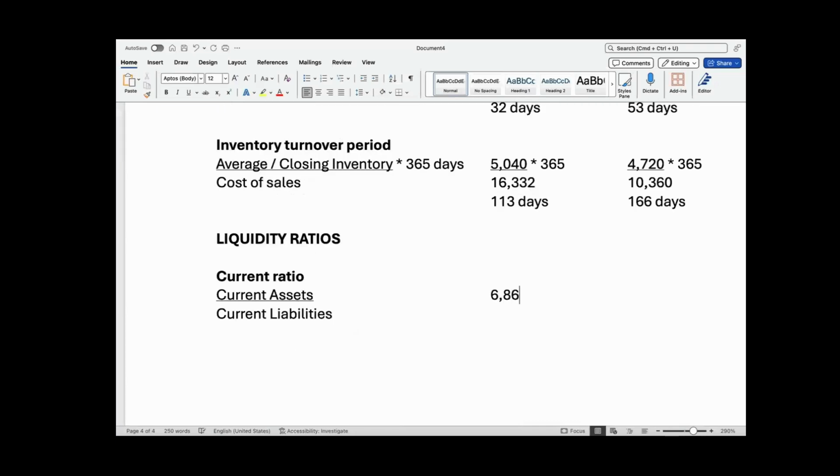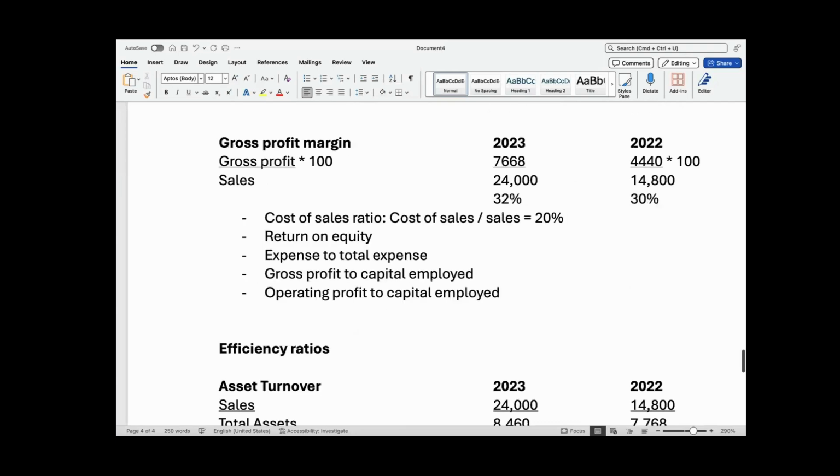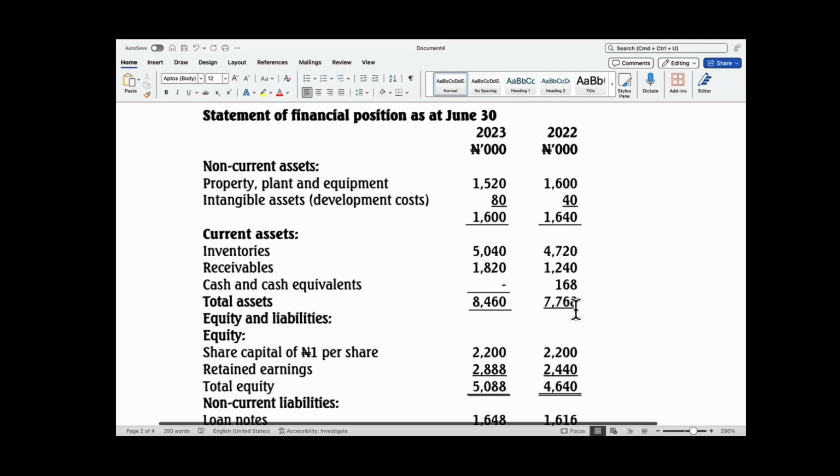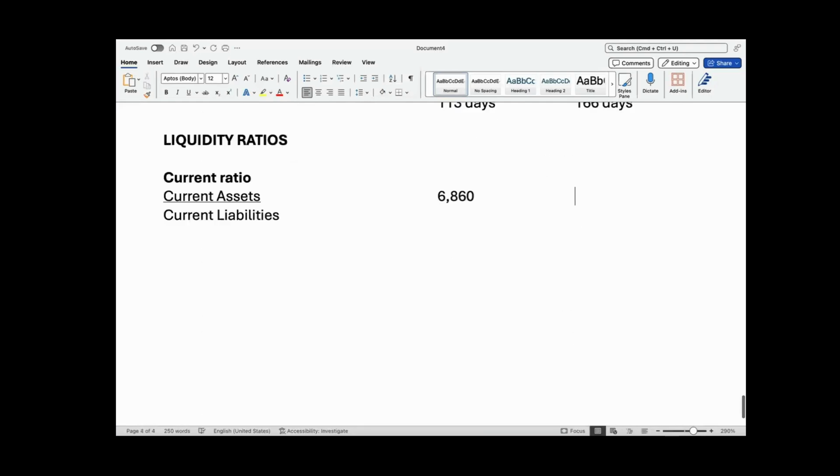How about for 2022? Add the three together. 5960.